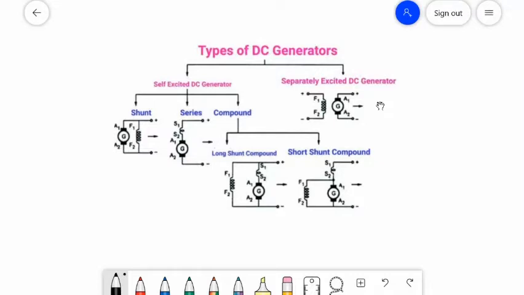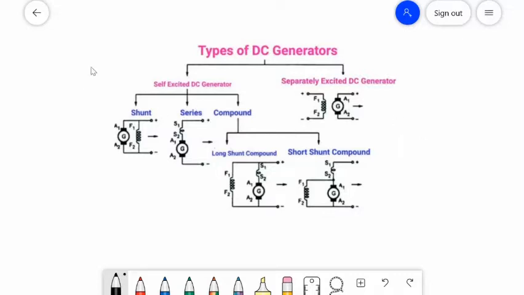Generators may be divided into letter A, separately excited generators, and letter B, self-excited generators. What is a separately excited generator? Those whose field magnets are energized from an independent external source of DC current.